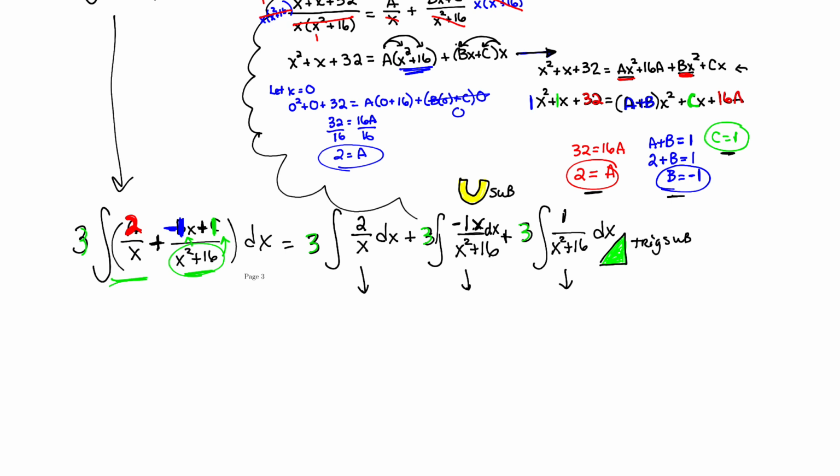Beautiful. And so in place of x, you're going to put 4 tan theta. Keep going. Keep working.